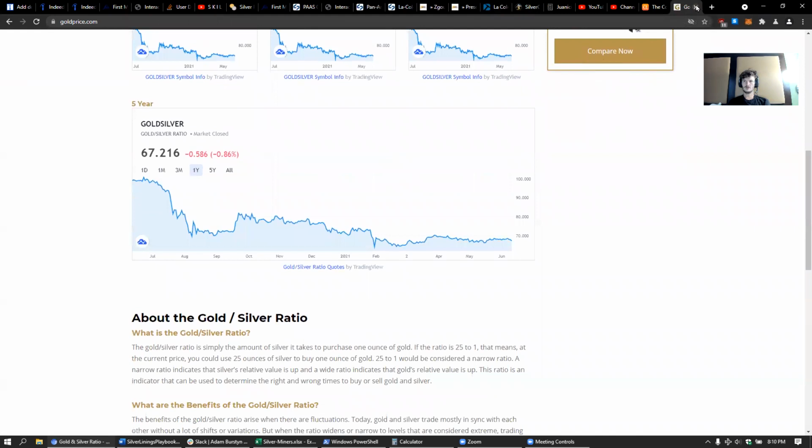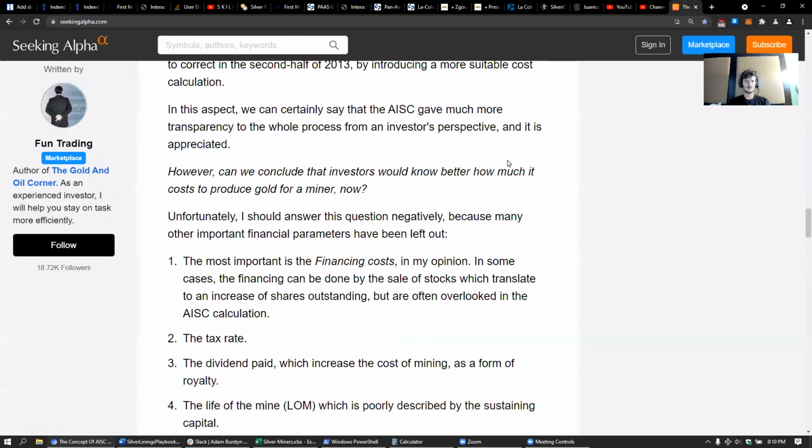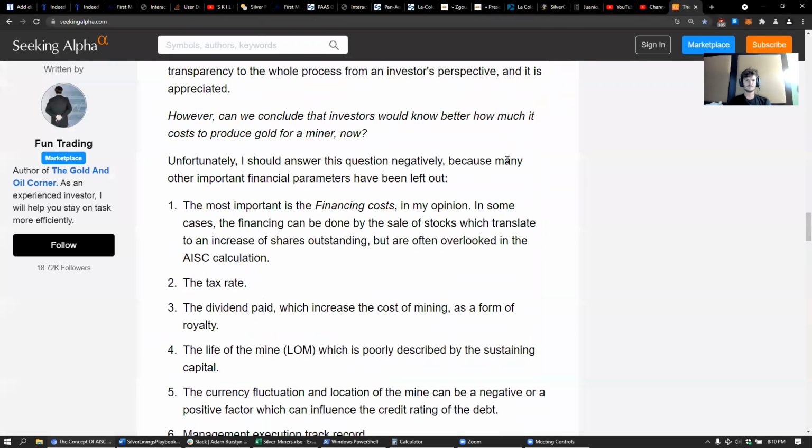Okay, so we can close the gold to silver ratio. We've looked at spot prices, always a good place to start.